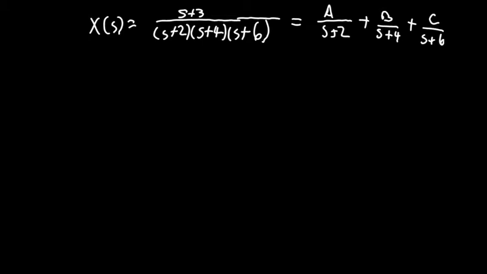So in order to solve for each of these values, you have to go through and substitute in the value for s into these equations while also multiplying through by all of these. So what you'll do is you'll get an equation that looks kind of like this.